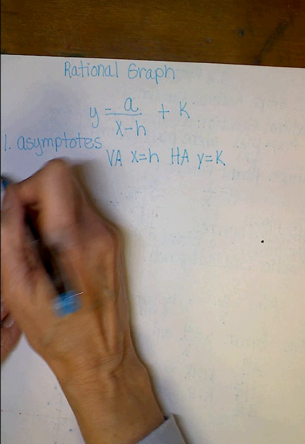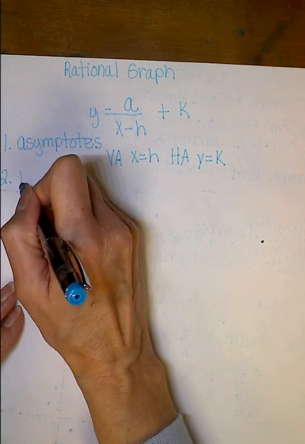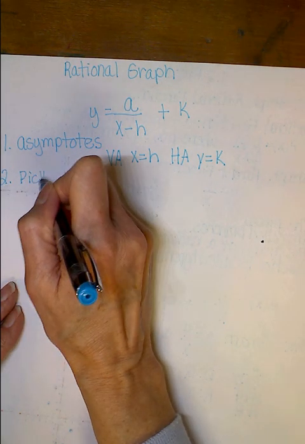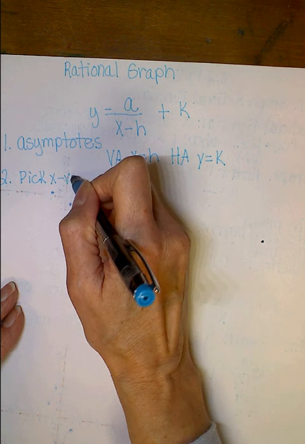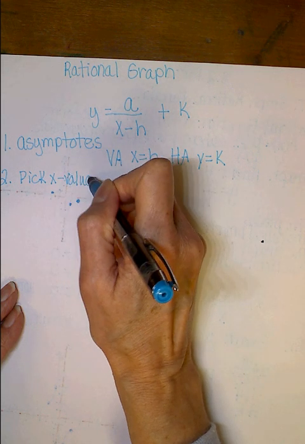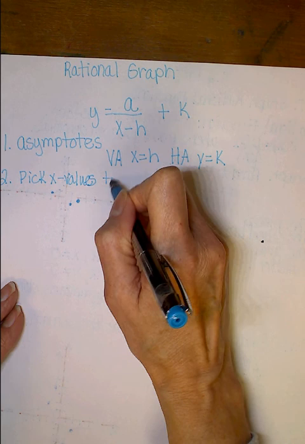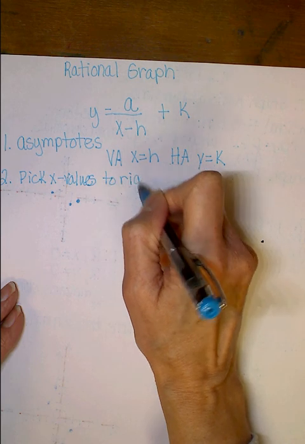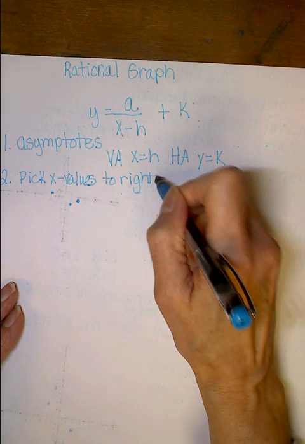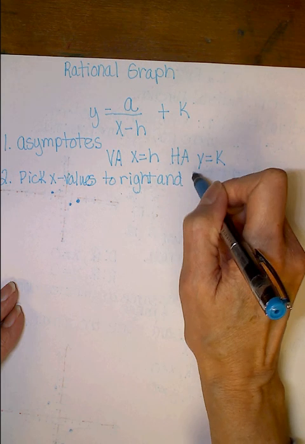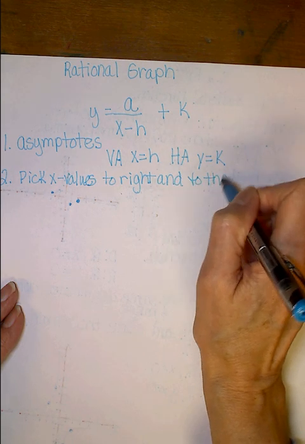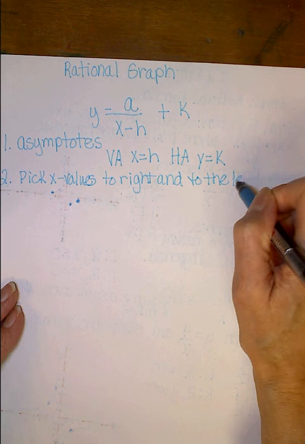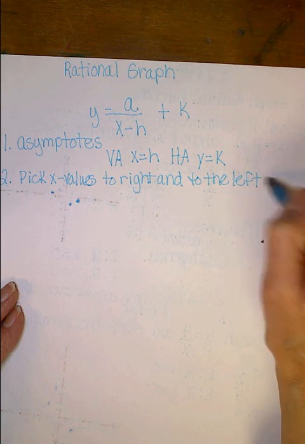And then when you get ready, you're going to pick x values. You need to make an xy table, so pick x values to the right and to the left of the vertical asymptote.